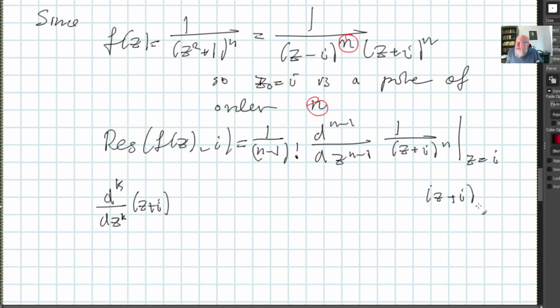minus n. So you take the first derivative, so this is minus n, and then the power goes minus n minus 1, minus 2, minus 3, so this will be minus k plus 1, and this will be z plus i to the power minus n minus k plus 2.